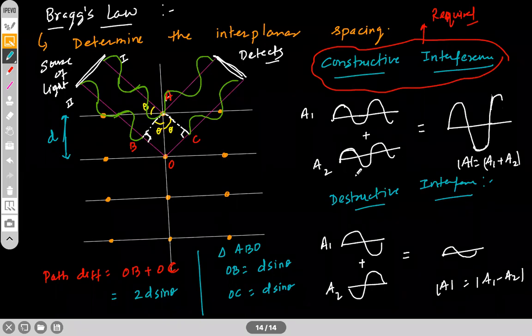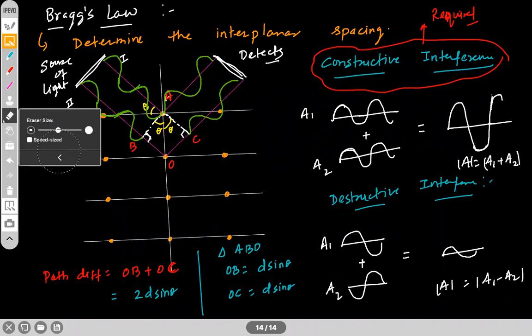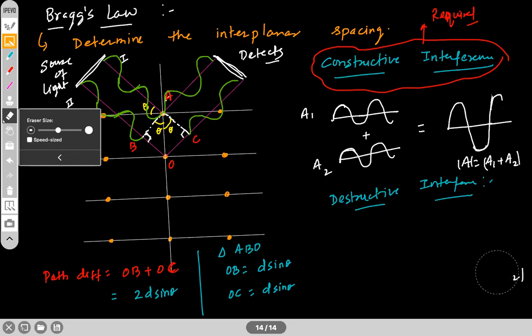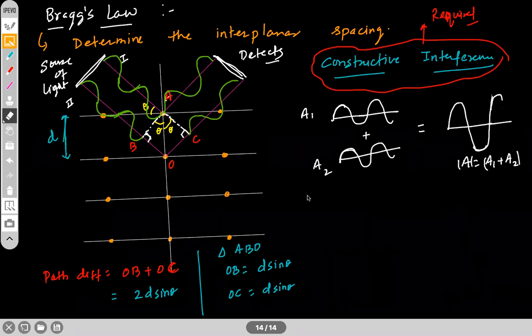Correct? So now I'll just make some space here so that I don't have to go to the next page. Destructive is not required, I'll just remove this. Now you see this distance, OB plus OC.